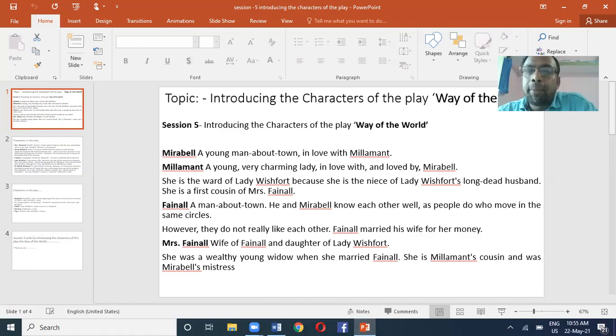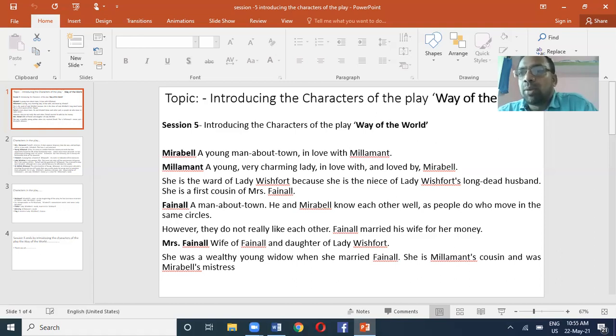Mirabel is the important character, the hero of the play, the protagonist of the play. Mirabel is a young man, a handsome man, and a man of town. He lived in the town.